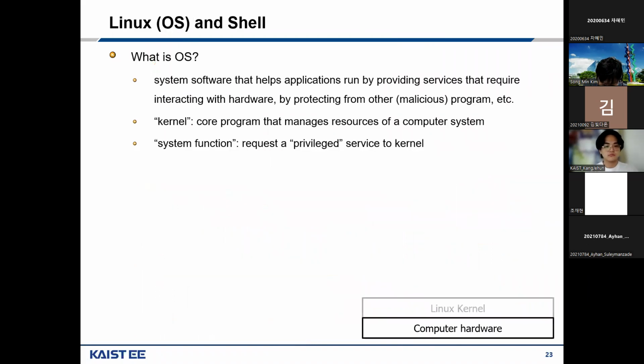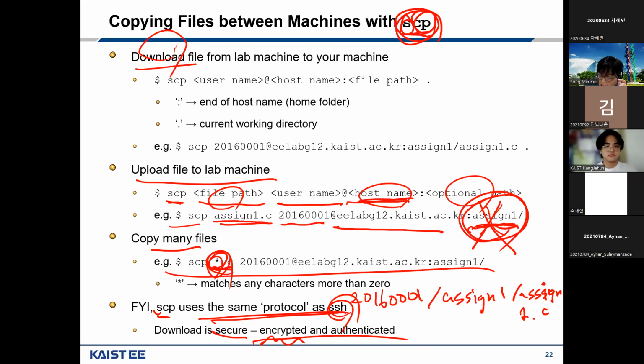So you might have this question: okay, you're using a Windows machine, right? Where can you execute this SCP? Well, if you're using a Windows machine, we'll talk about that later on.